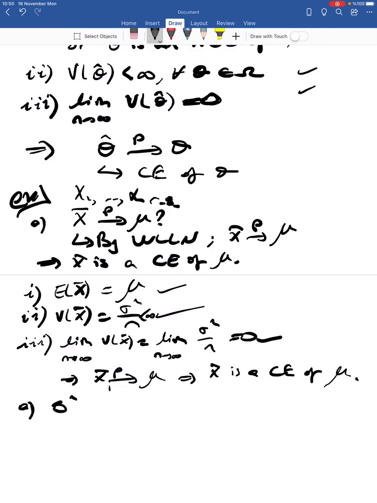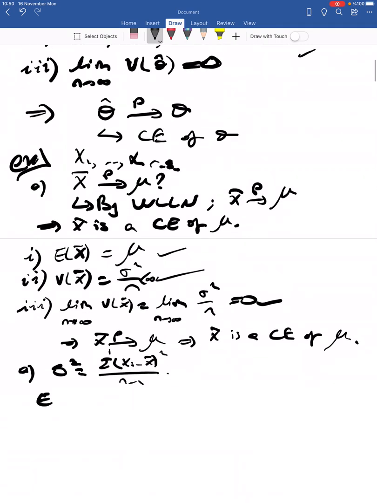So consider s square, summation of xi minus x bar whole square divided by n minus 1. So we know that expected s square is sigma square for any distribution. We focus on normal distribution, but this is true for all distributions. So this means that s square is an unbiased estimator of sigma square. So the first condition is satisfied.